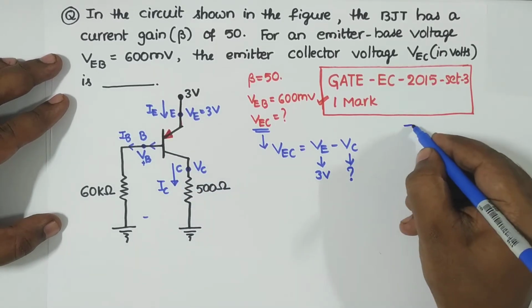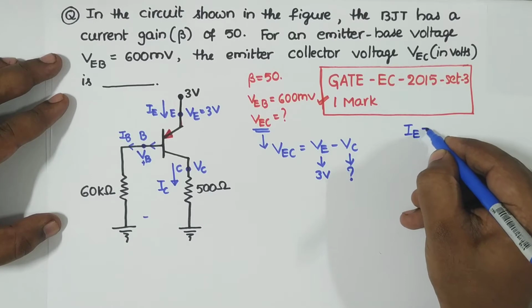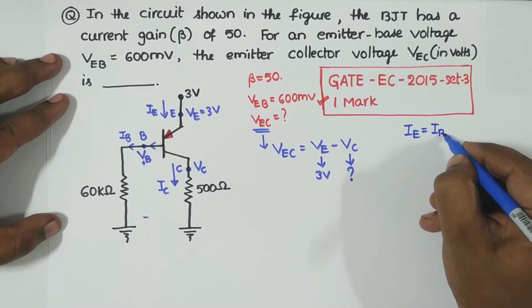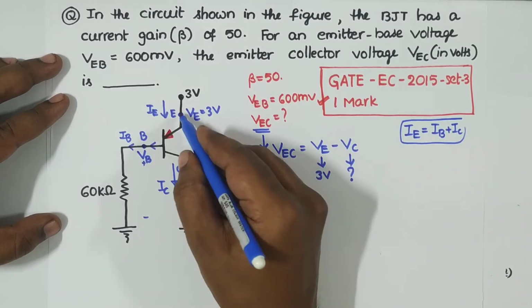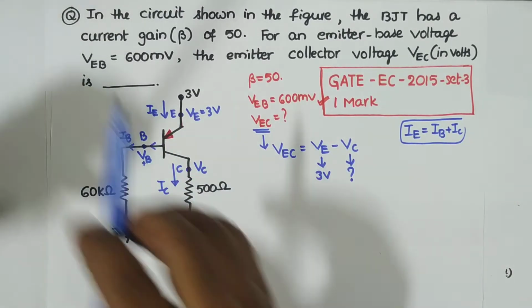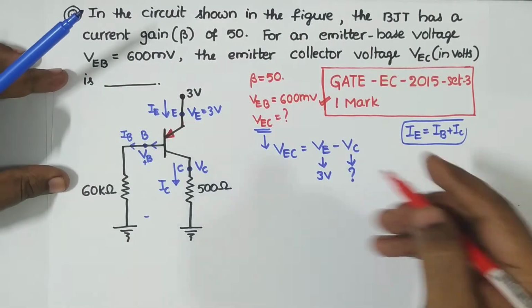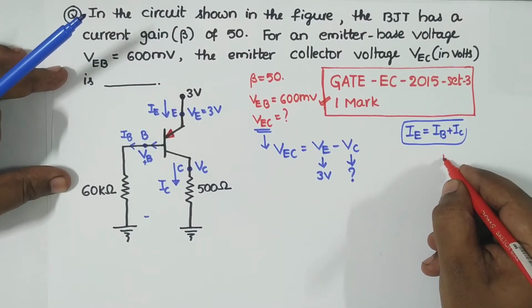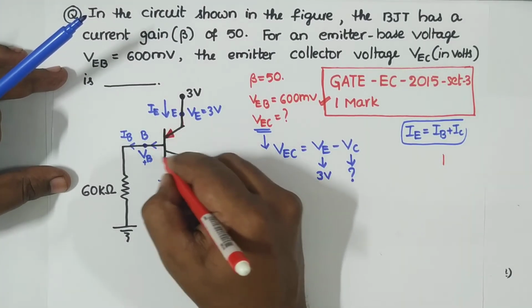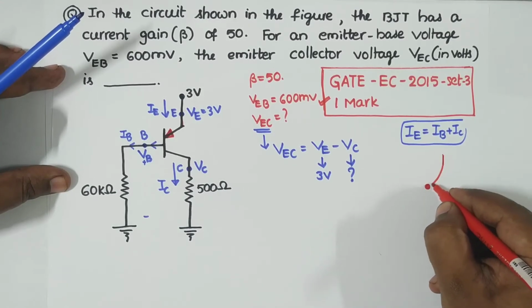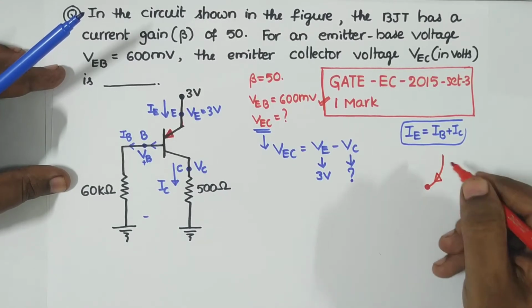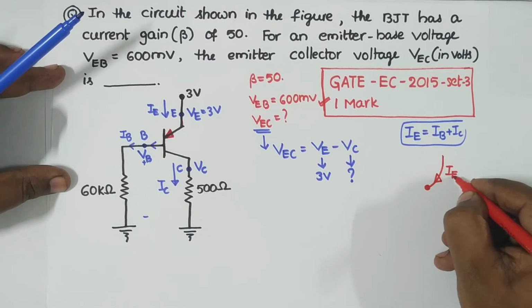End of the day, whether it is a PNP or NPN transistor, IE is equal to IB plus IC. Take this as a node. The red arrow is the current entering, say this is my IE.